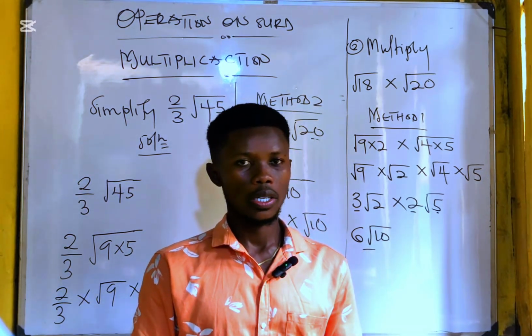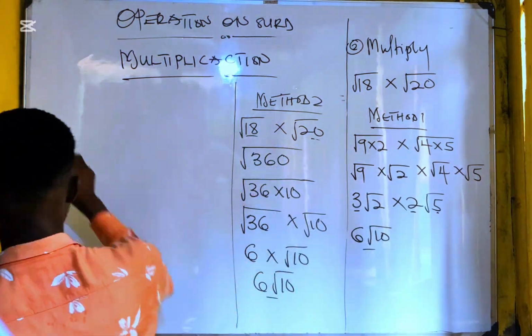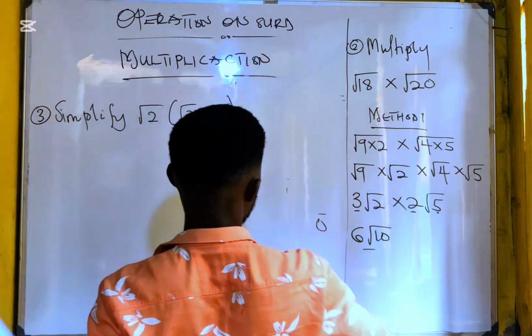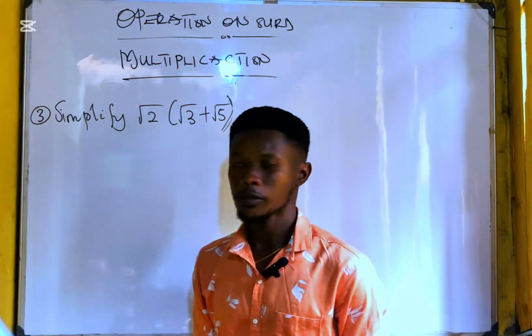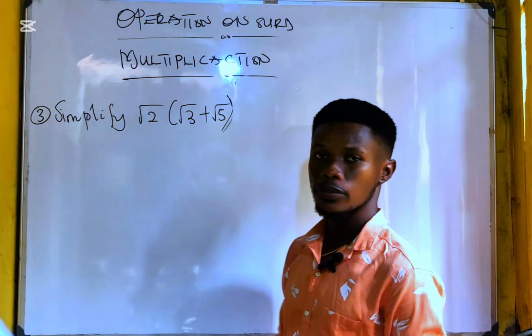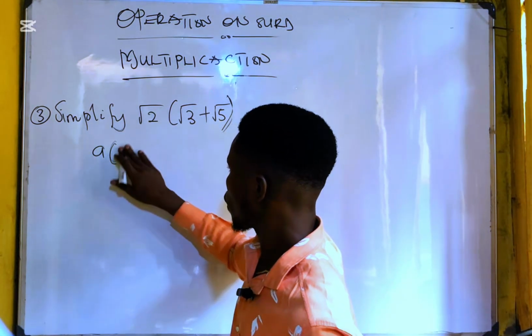Now let's move to the next example. We have to simplify root 2 bracket open, root 3 plus root 5. I hope everybody can simplify this.